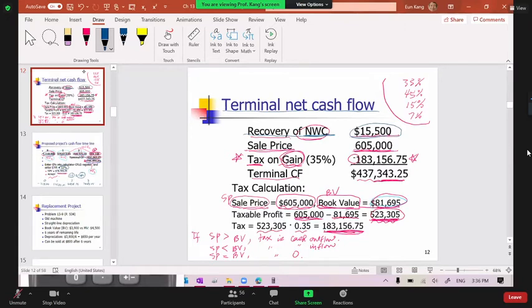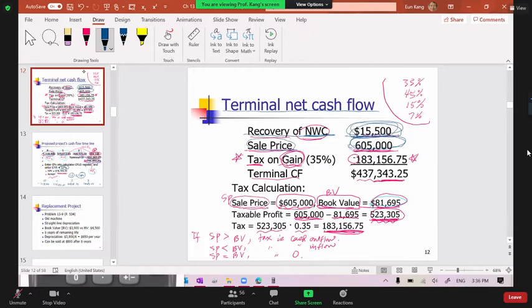So this is not in years 1 and 2, but in year 3, because you finish the project and don't need any more inventory. So you save inventory, and saving is positive cash flow. And then in year 3, you sold the machine, only when you finish the project. During years 1 and 2, you use the machine. When you sell the machine, you get the sale price into your pocket. So that's why it's positive.